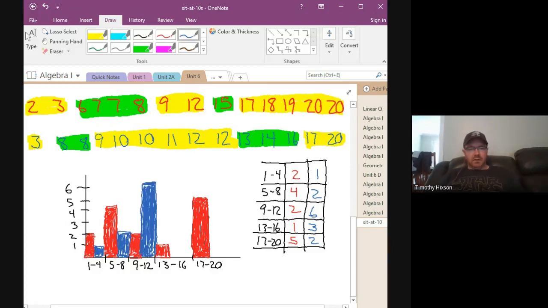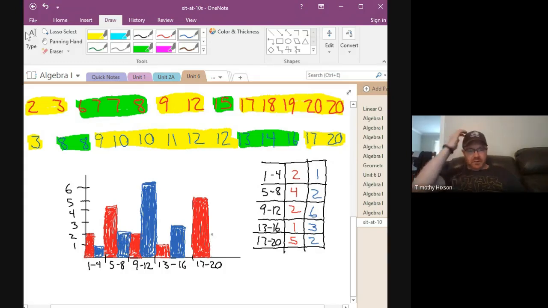In the 13 to 16, there were 3. So that's up to there. I made this range a little bit wide. And then finally in the 17 to 20, there were 2.